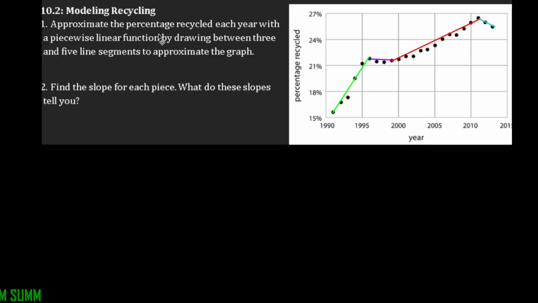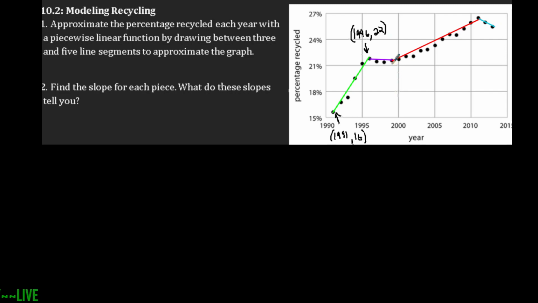And so what I can do is I can graph or write the ordered pairs that go along with it. So I can say this point right here is going to be 1991, and the amount would be about 16%. I can say this point here is going to be 1996 and 22%.